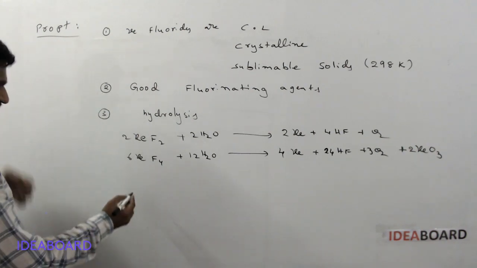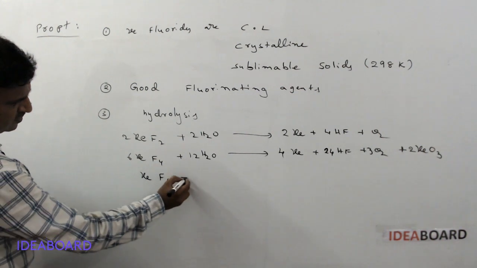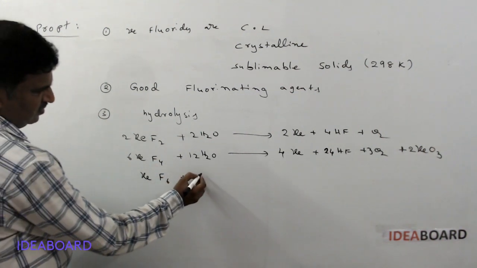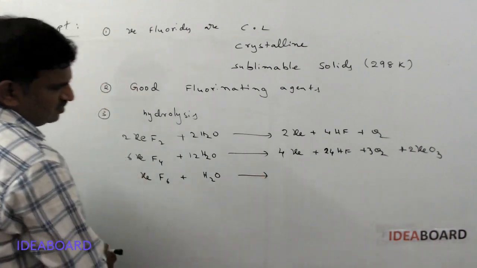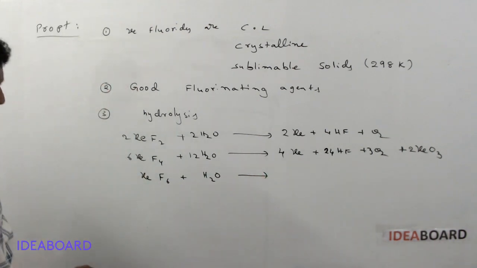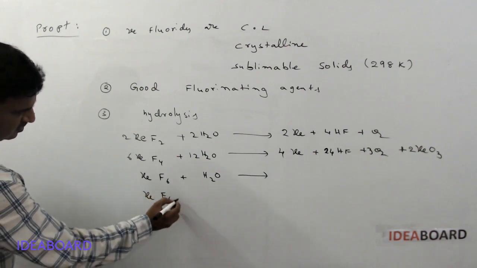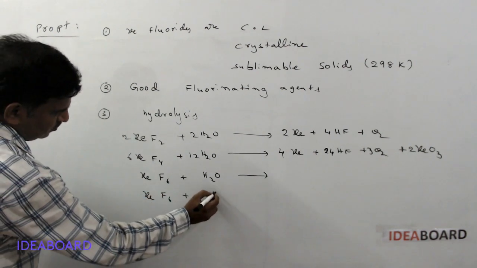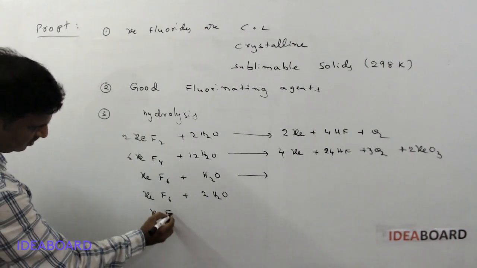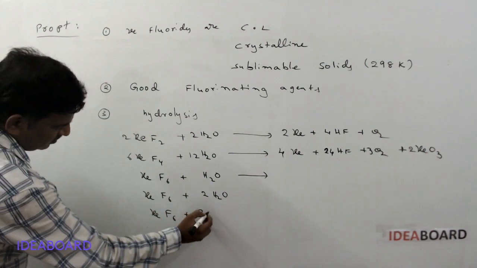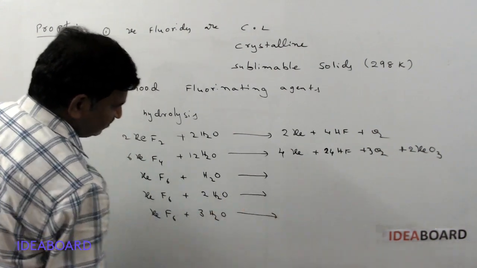And next, xenon hexafluoride, XeF6 undergoes hydrolysis. Here for the xenon hexafluoride hydrolysis reaction, we are taking XeF6 plus H2O, similarly XeF6 plus 2H2O, and XeF6 plus 3H2O.